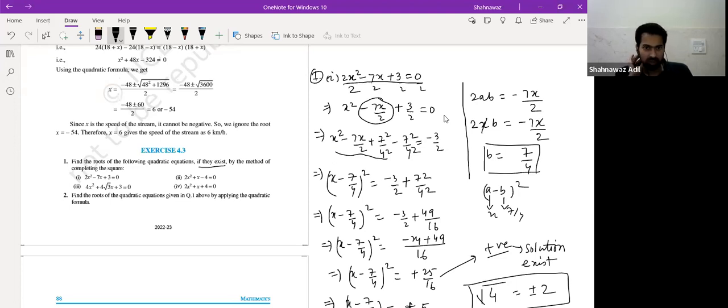In the second question, I can see that they have also mentioned the quadratic formula.